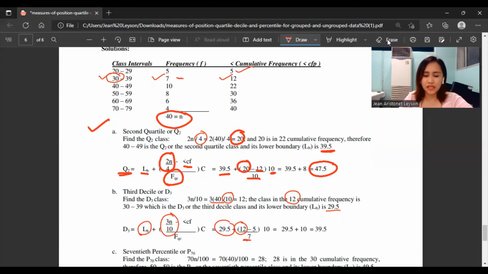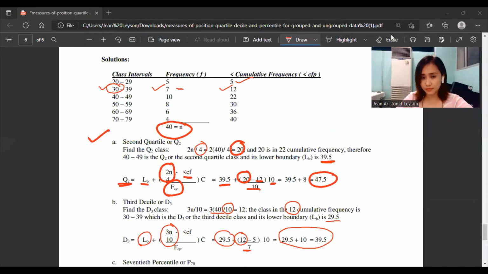Times 10. So simplifying, we have the final answer. By the way, guys, the 10 right here is the class size, meaning how large the interval is from the lower limit going to the upper limit. That's the same for all intervals.